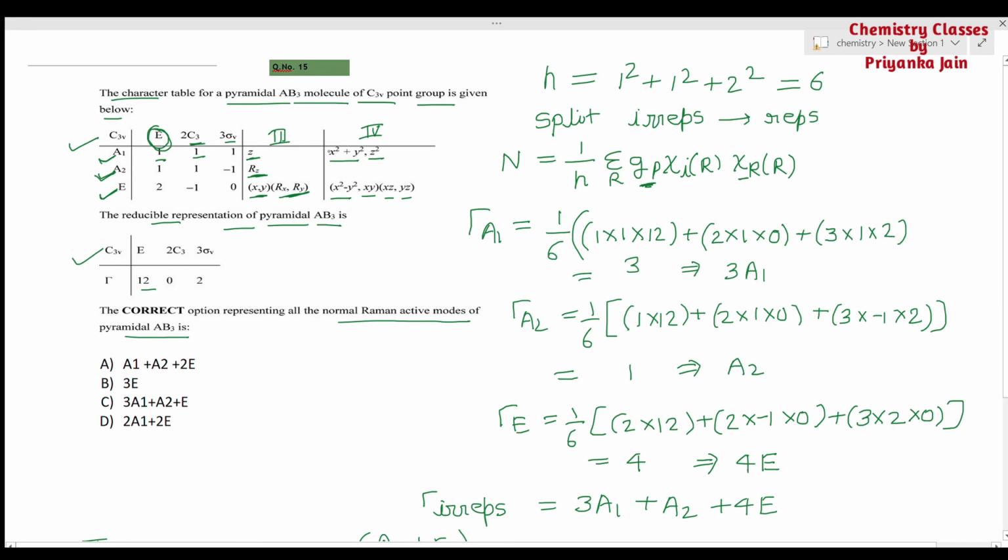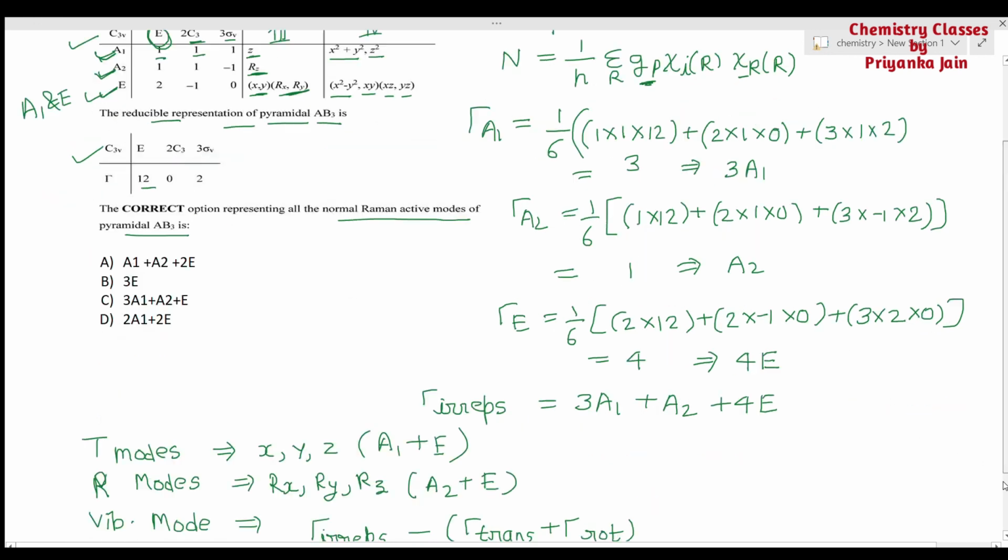So wherever these are present, in which cases are these present? These are present in A1 and E. In both these cases it is present.